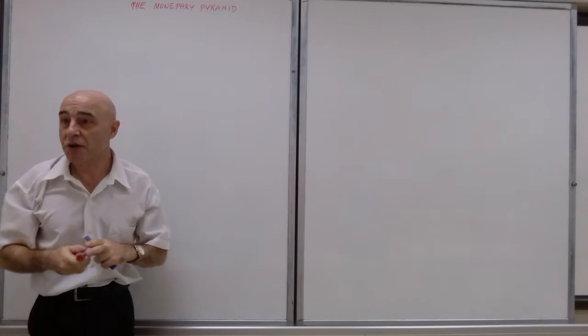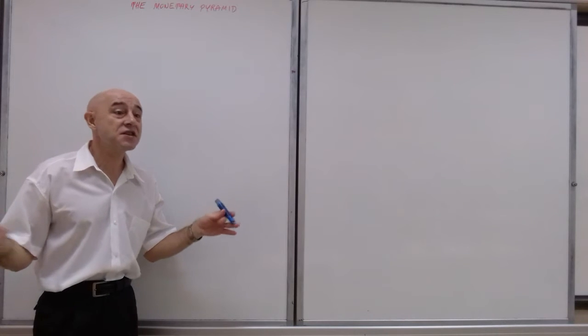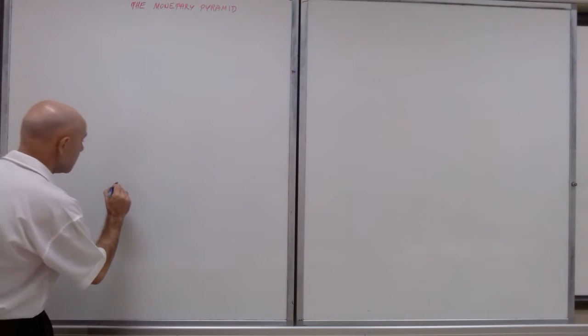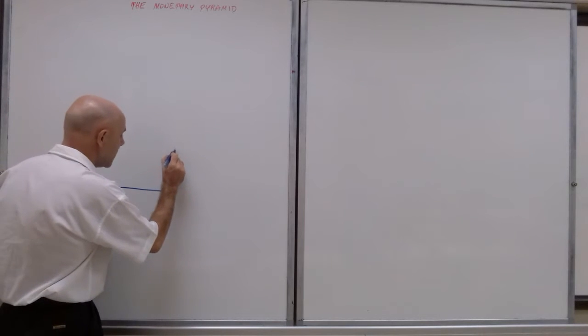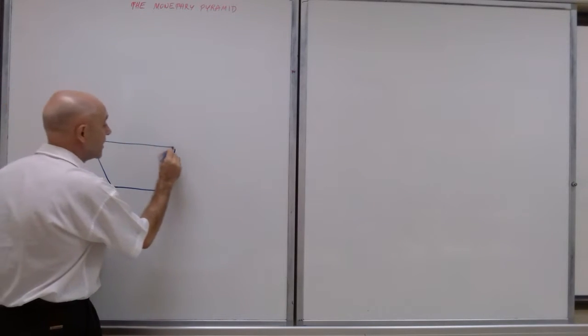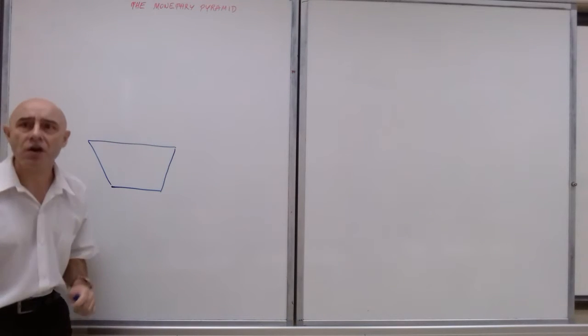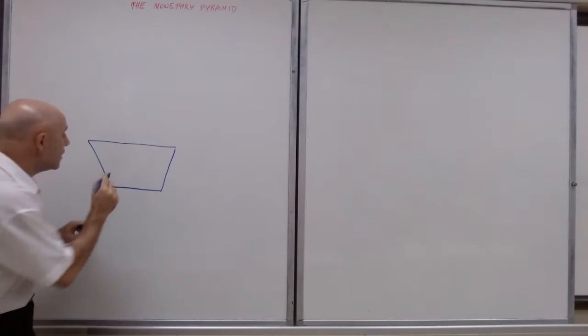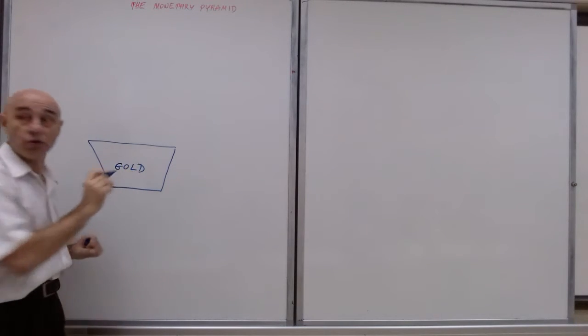Well, what is the monetary pyramid? It shows the monetary system as a pyramid. The pyramid looks like this. Guys, we're getting very important stuff, which is gold.